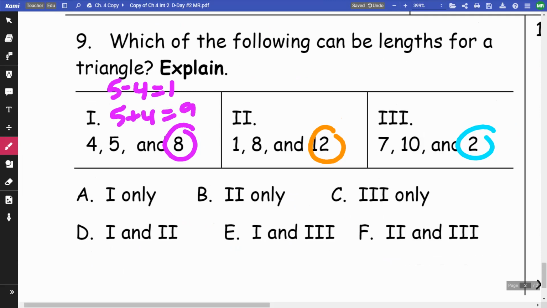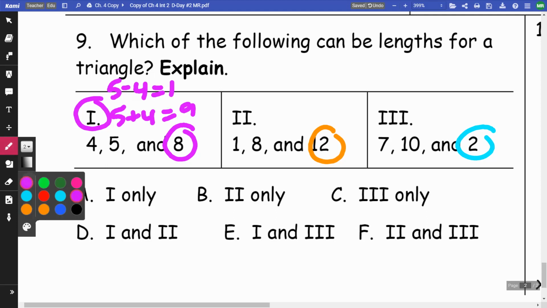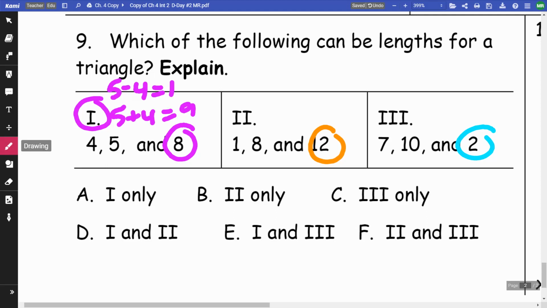And 8 has to be in between those. So this one's acceptable. And again, I should write it out officially: 1 less than 8 less than 9. So that's going to be okay.